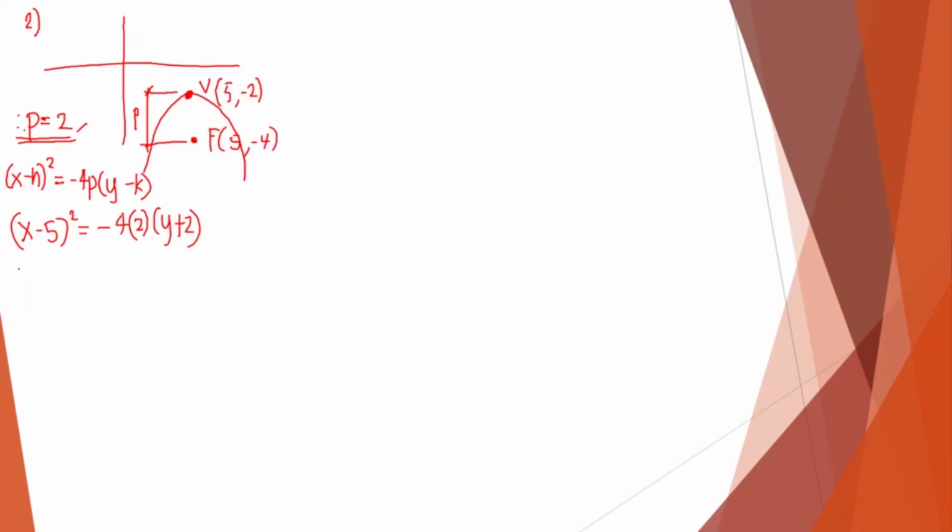Okay, so expand: x^2 - 10x + 25 = -8y - 16.